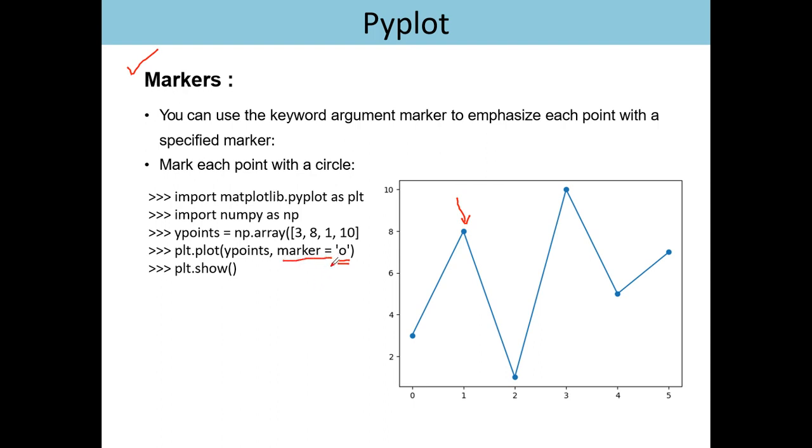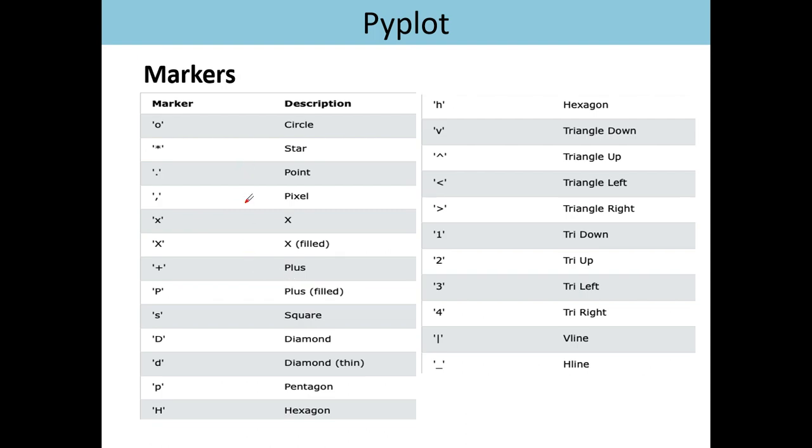This is called a marker. What are the different elements you can put here? You can find it from this table. If you pass small o, it will be a small circle. If you pass star, then it will show a star, something like that.